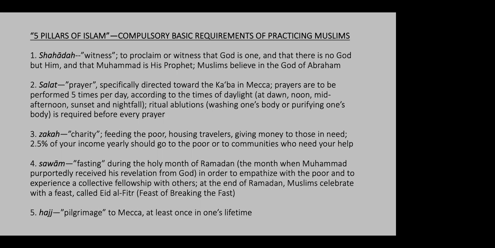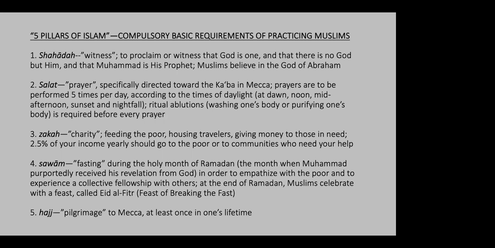Among the 5 obligatory pillars that all Muslims perform, the Kaaba features directly and indirectly with 3 of them: the Shahada, or the profession of faith, there is no God but Allah, and I witness that Muhammad is his prophet, attests to the fact that the Quraysh are being forced to repudiate and expunge the existence of all gods except Allah. Another requirement, salat or prayer, mandates that Muslims pray 5 times a day towards the Qibla, or the direction towards the Kaaba in Mecca.